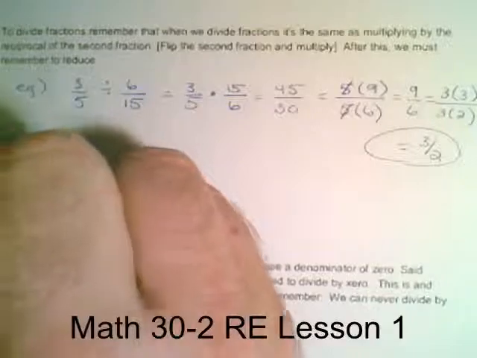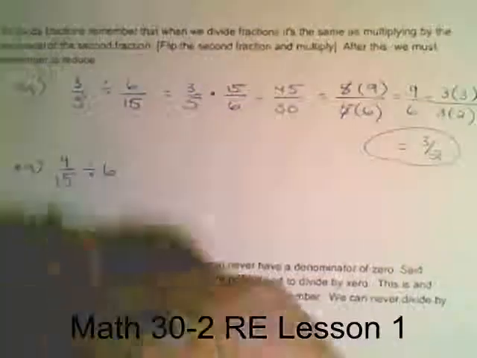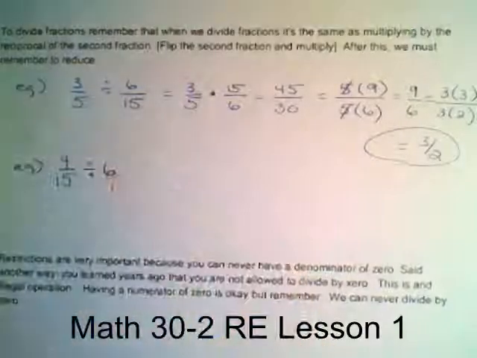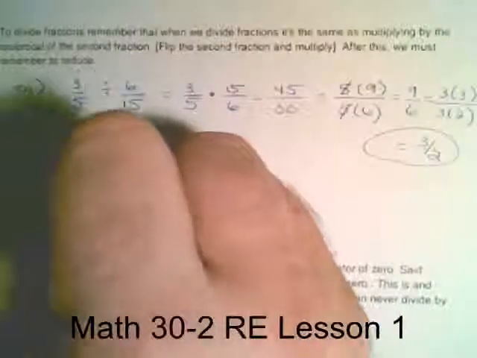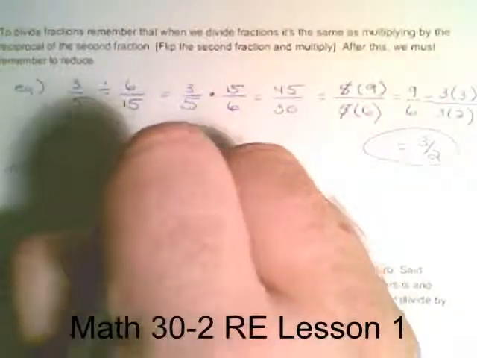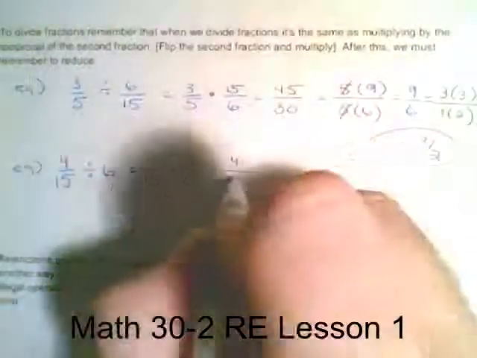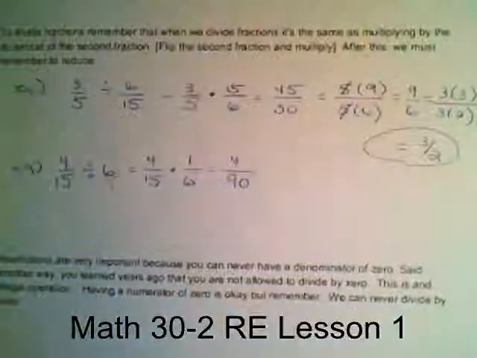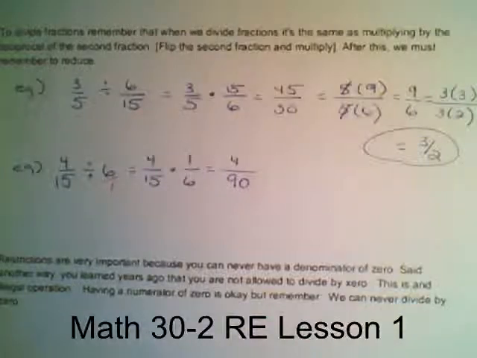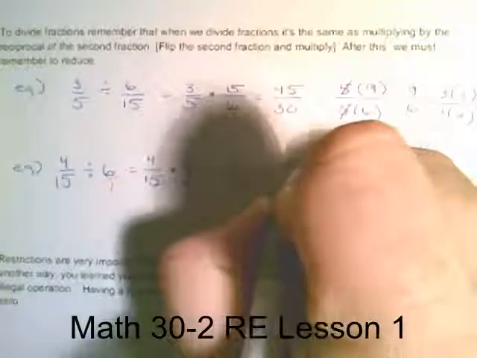Once again, if I'm doing a whole number, something like 4/15 divided by 6, okay, I've got to remember that that's 6 over 1. So this is going to become 4/15 times 1 over 6. 4 times 1 is 4. 15 times 6 is 90.